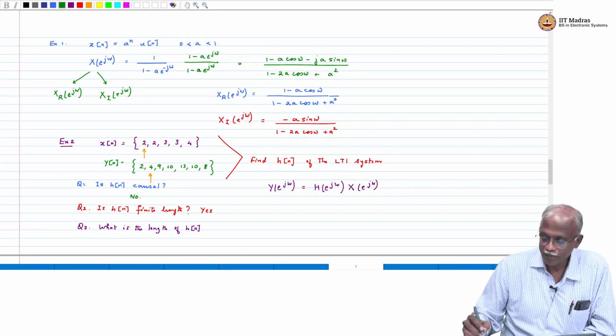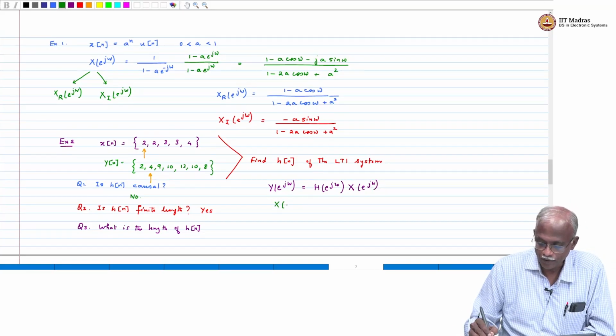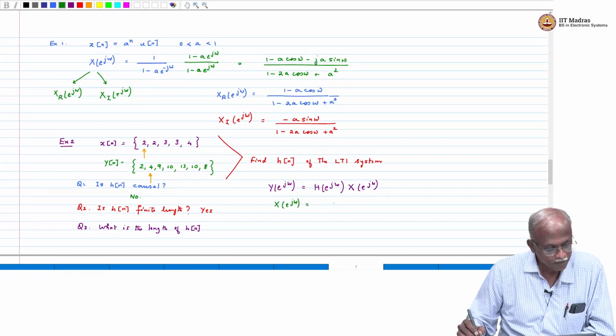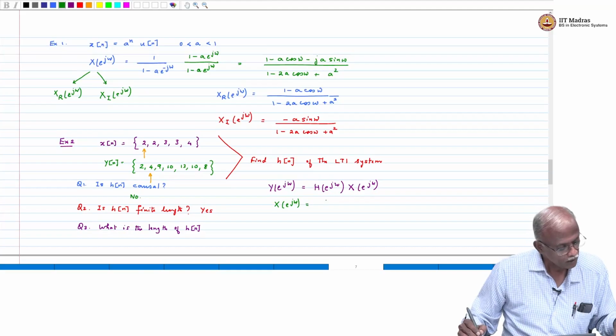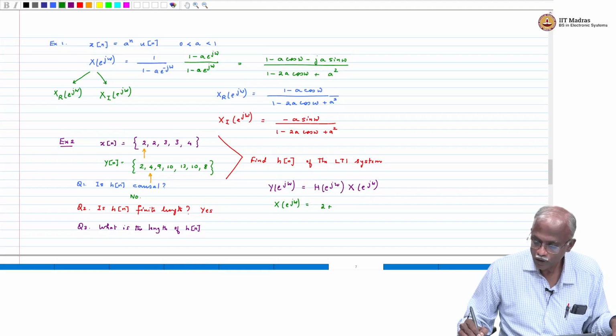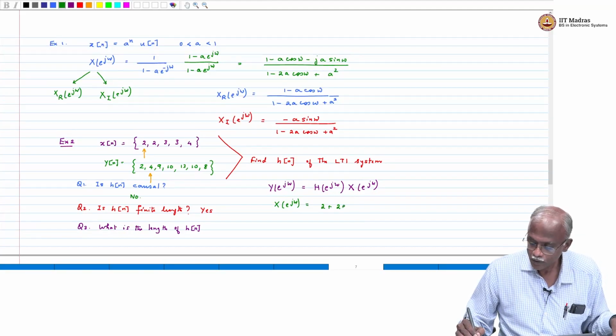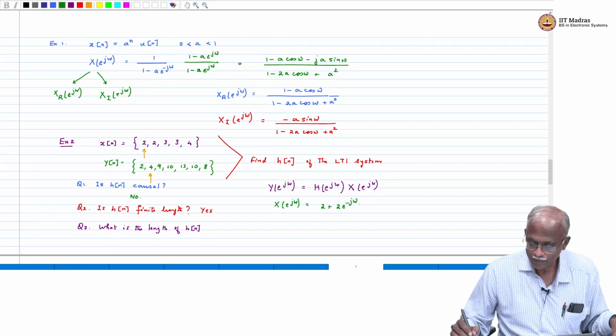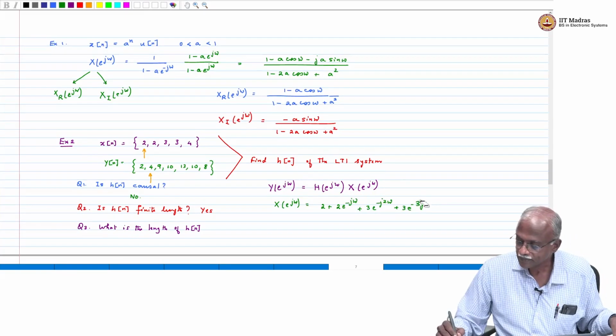So write down for me the expression for X e to the j omega. X e to the j omega is given by 2 plus 2 e power minus j omega plus 3 e power minus j 2 omega plus 3 e power minus j 3 omega.